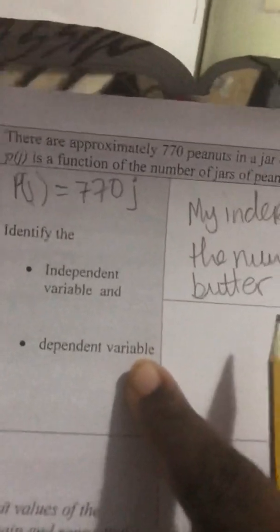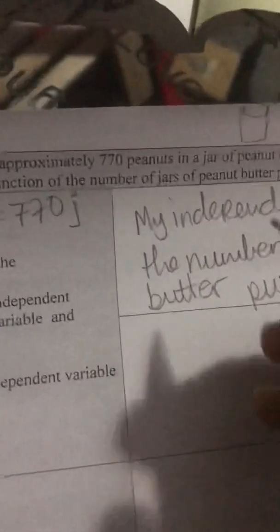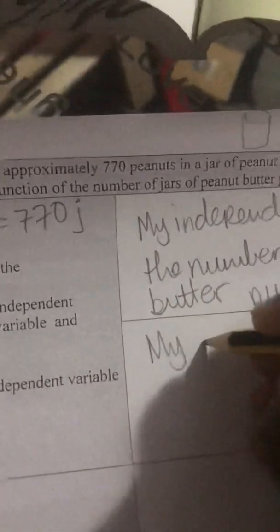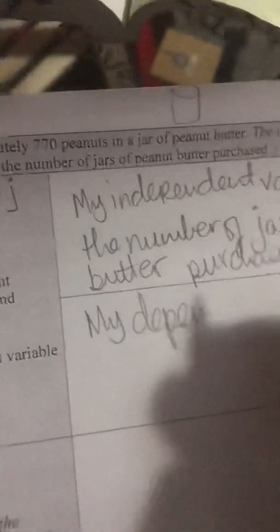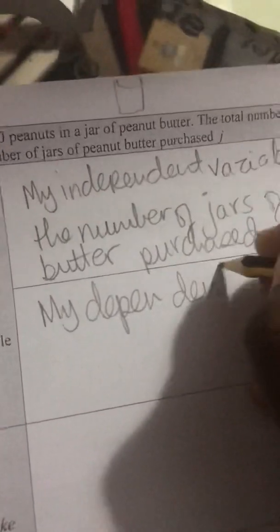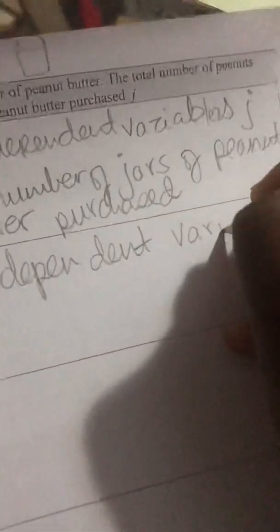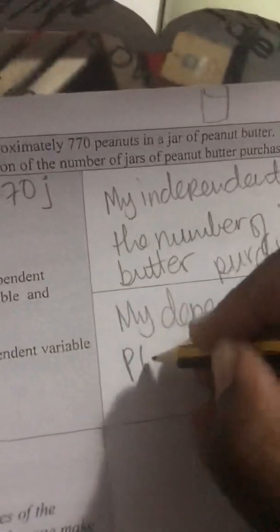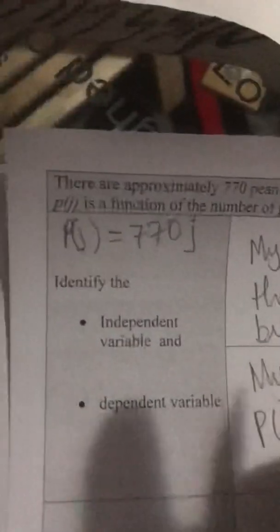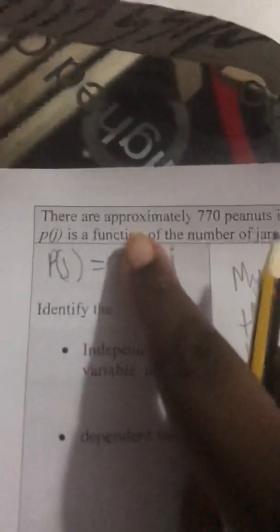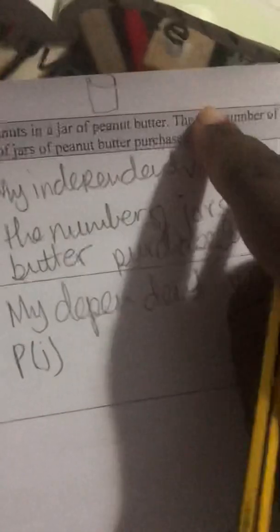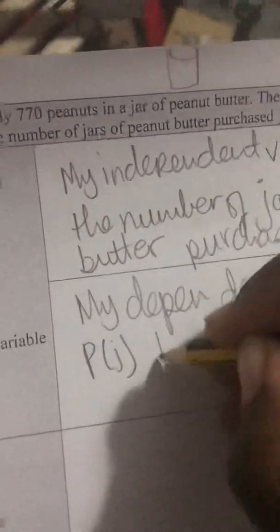Dependent variable: this P of J depends on the J. The total number of peanuts, so my dependent variable, P of J, is a function, is the total number.